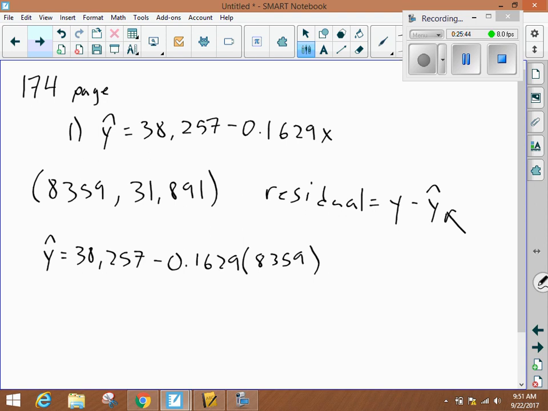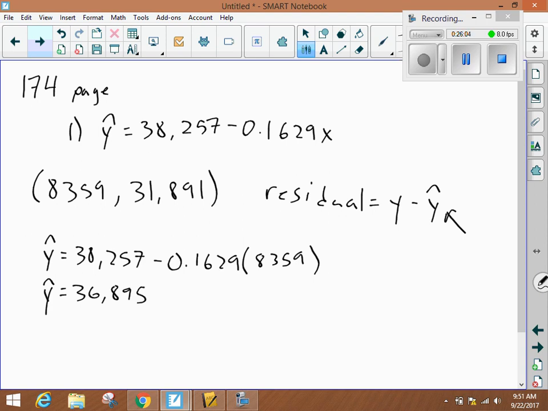So that turns out to be $36,895, when you put that in your calculator.